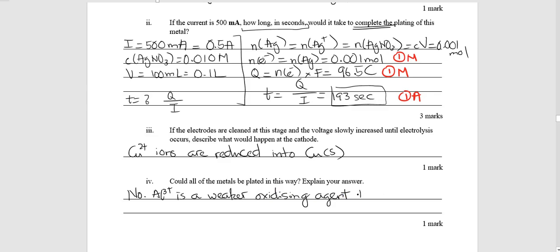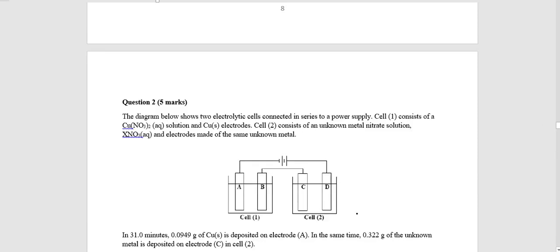Agent than H2O, and will not be reduced. Alternatively, you can say water is stronger than aluminium ions. Will not be reduced at the cathode. I think that's the end of this question. I hope it is anyway. Alright, yep, that's it. Question 1 done.